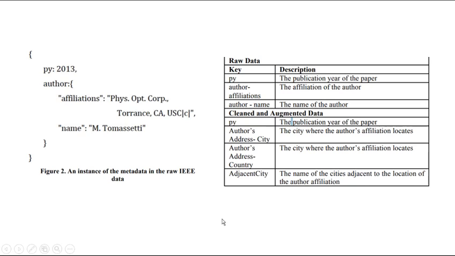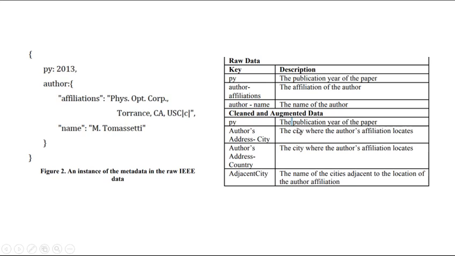So this is an instance of metadata of raw data in an IEEE paper. We can see the author affiliations like this and this, and the name of the author. The raw data has the year of publication, like person X works for Google, his name is person X. We should omit this affiliation data.